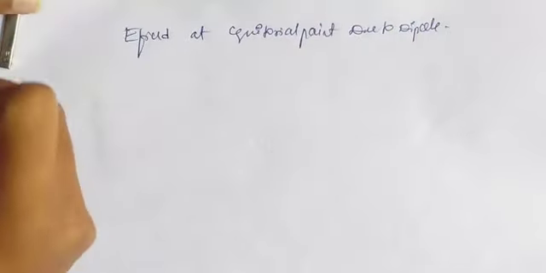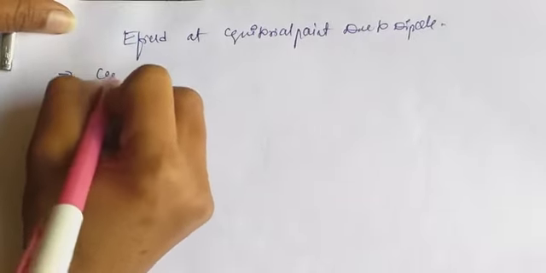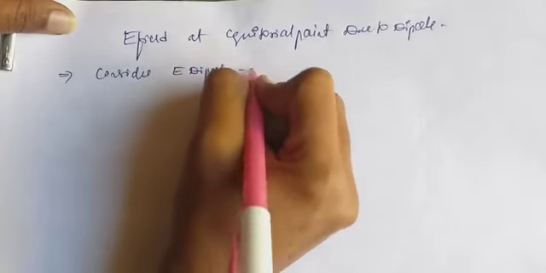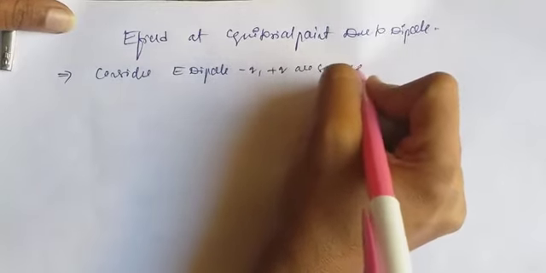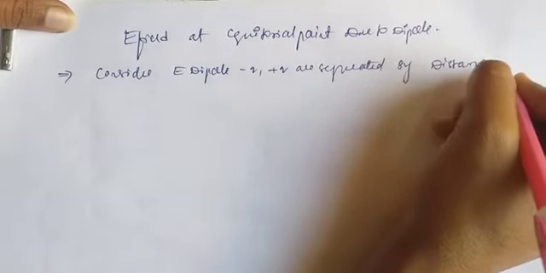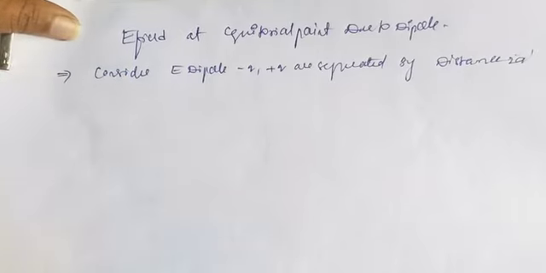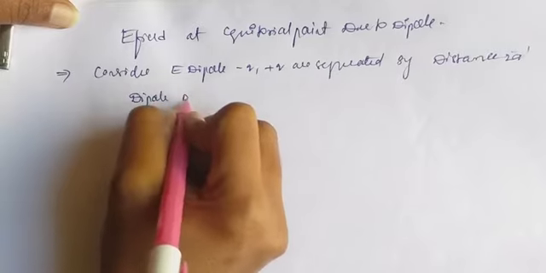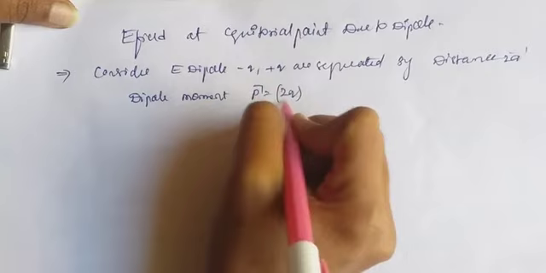Okay. So that means here what we have to write? Consider an electric dipole, that is minus q and plus q, separated by distance 2a, and the dipole moment P is equal to 2q into a.